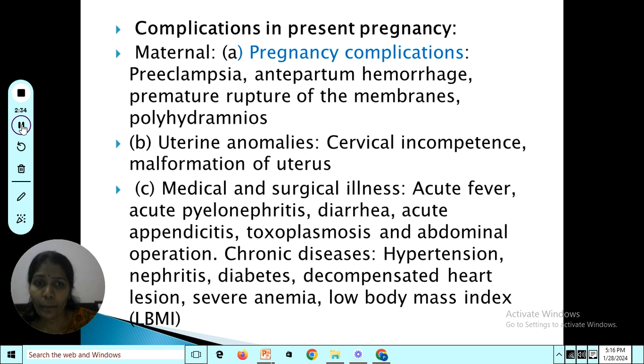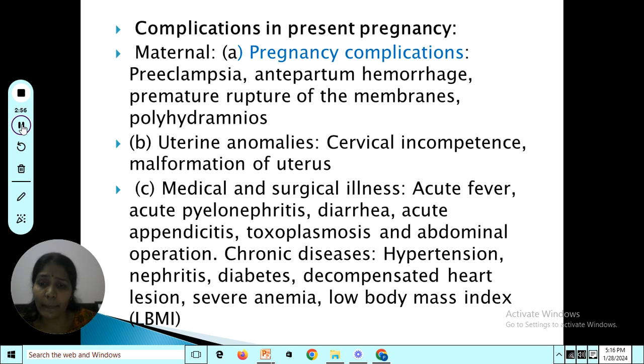Then we have the uterine anomalies, that is the cervical incompetence and malformation of the uterus. Then we have medical and surgical illnesses which can occur in the present pregnancy and lead to preterm labor, that is the acute fevers, pyelonephritis, diarrhea, acute appendicitis, toxoplasma, and any abdominal surgeries.